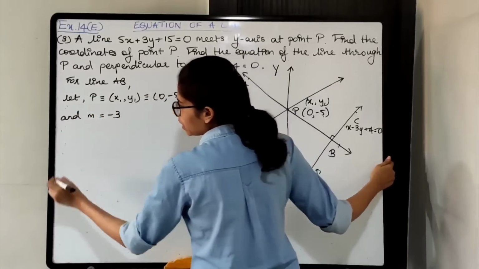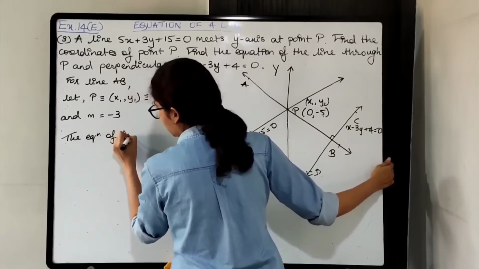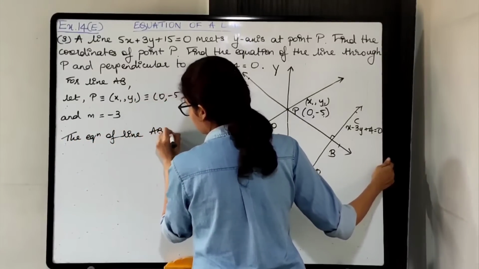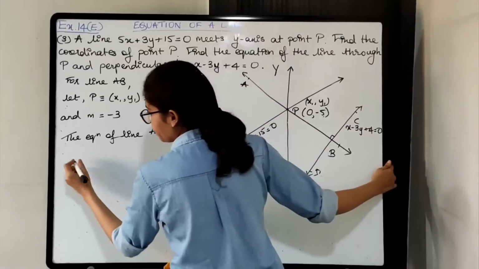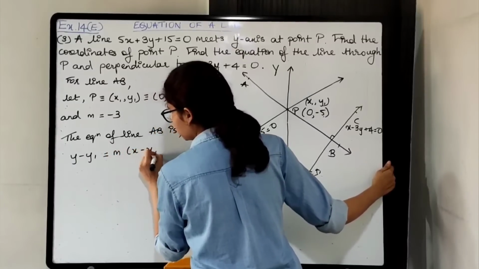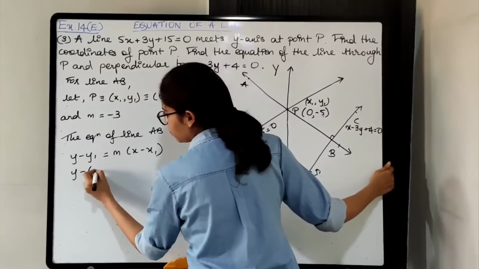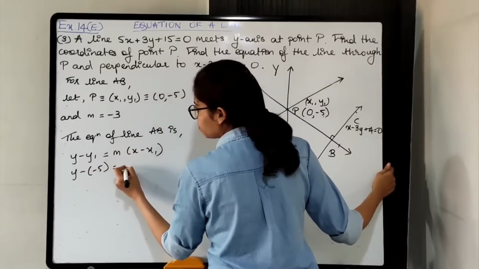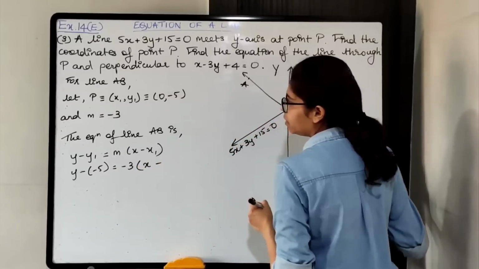Okay, so the equation of line AB is, write down in full words, no short forms, y minus y1 equals m into x minus x1. Put the values. y1 is -5, m is -3, x1 is 0.